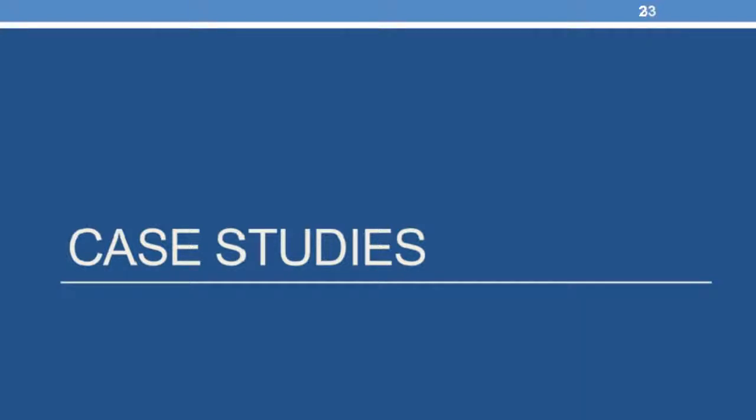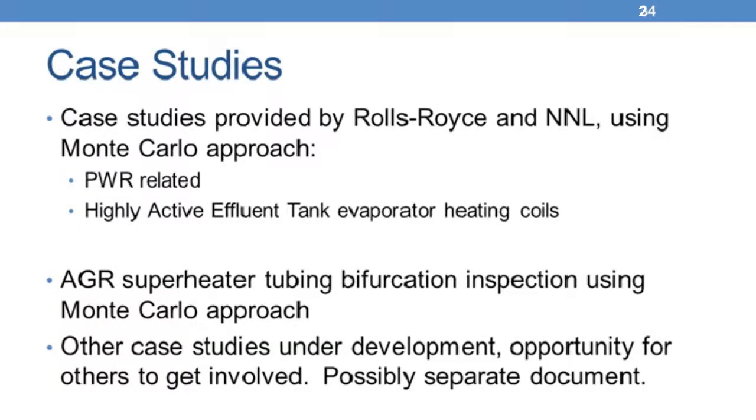One of the original aims of the working group was to develop a series of case studies that help to explain the benefits and also highlight the limitations of the application of structural reliability methods. The document as it stands contains case studies provided by both Rolls-Royce and National Nuclear Laboratories that are based on the application of Monte Carlo techniques to both PWR and effluent tank components.